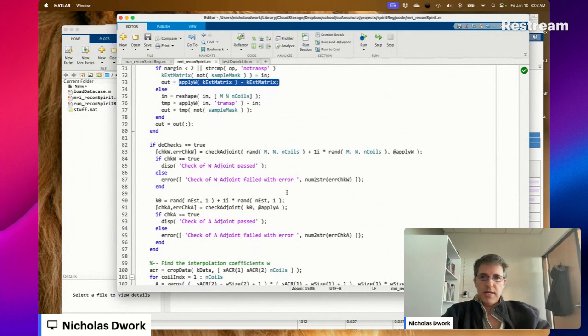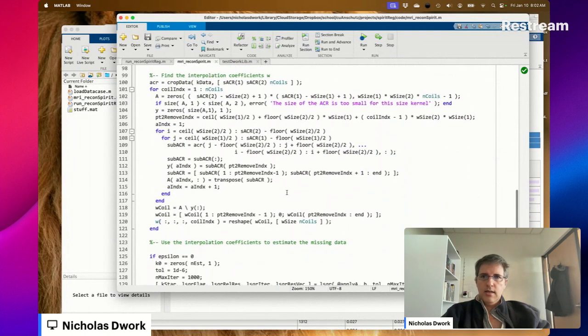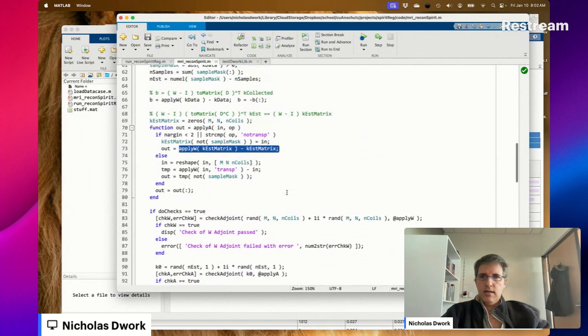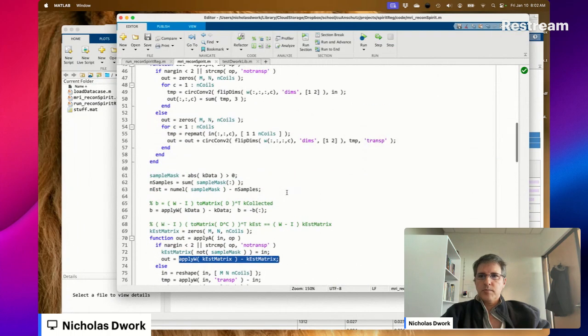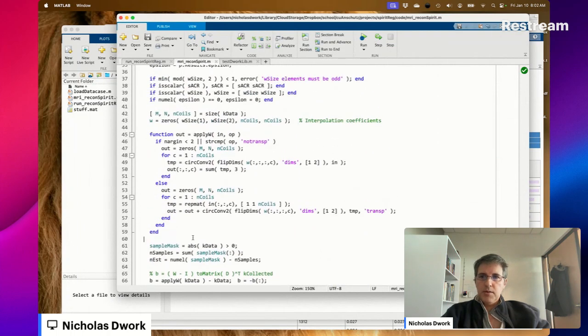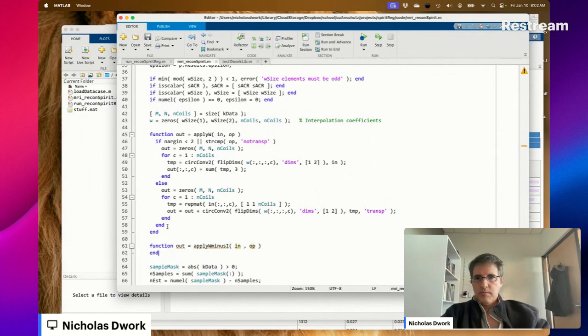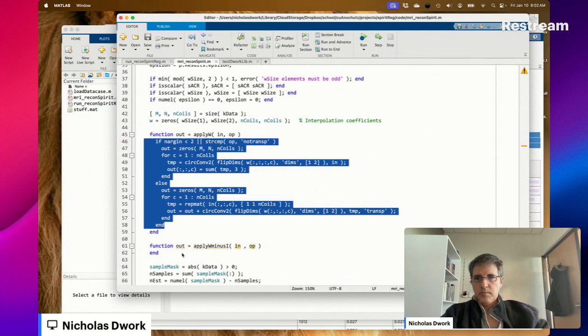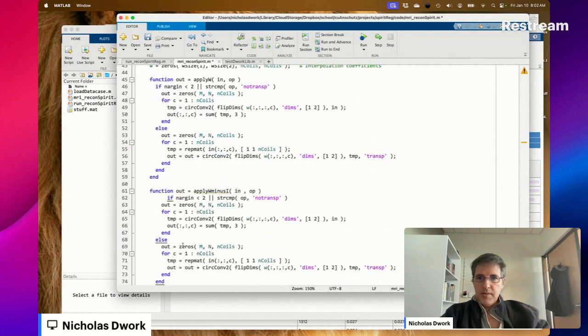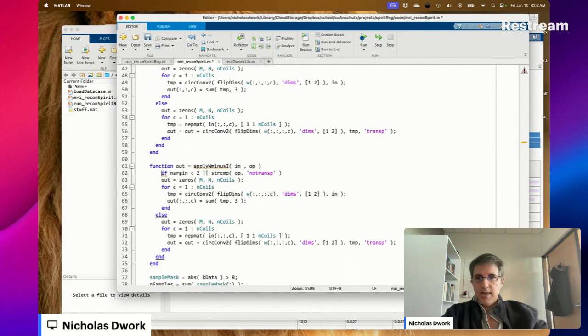Because it's doing W minus I. But we could just implement, as we discussed before, directly W minus I. And what would be the difference?